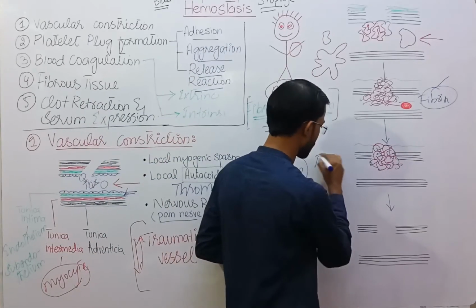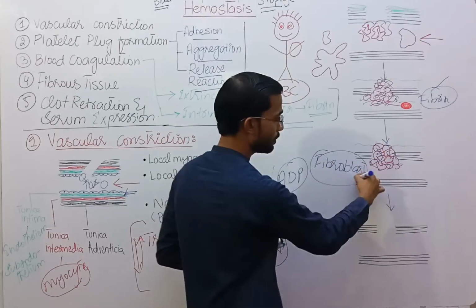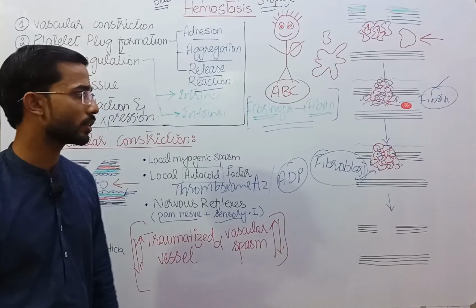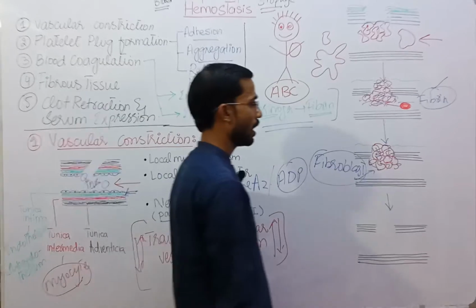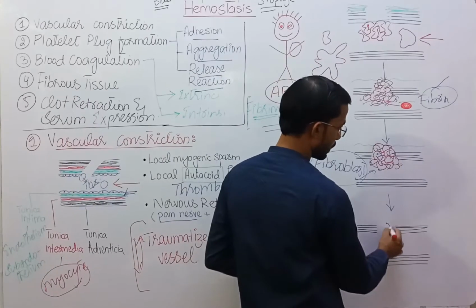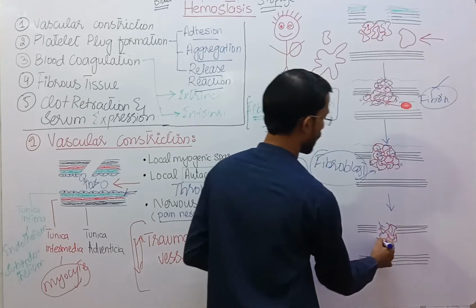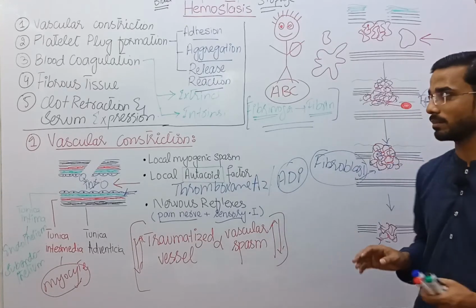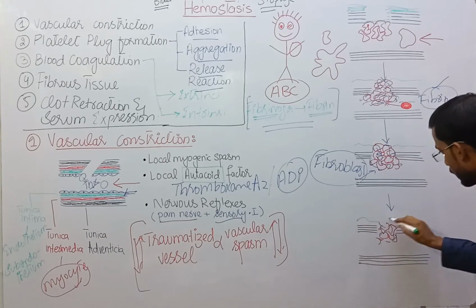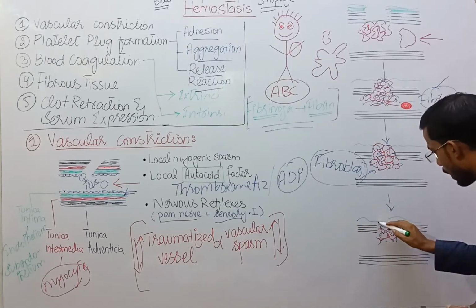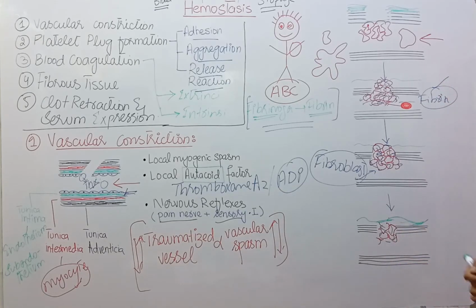A lot of fibroblasts come and convert this clot into fibrous tissue, right? And the last one is this is a clot, and there is different fibrin. But now after the healing, or almost completion of the healing, this is the skin which is almost healed by the hemostatic process.